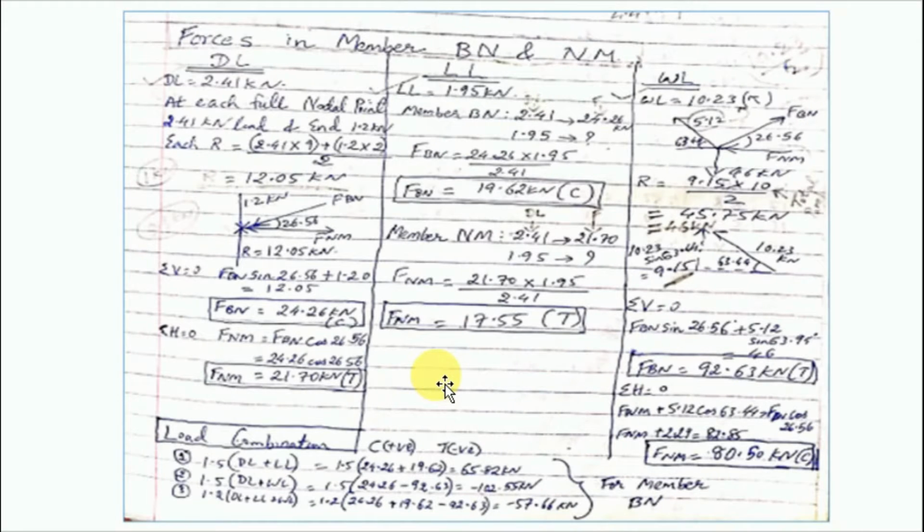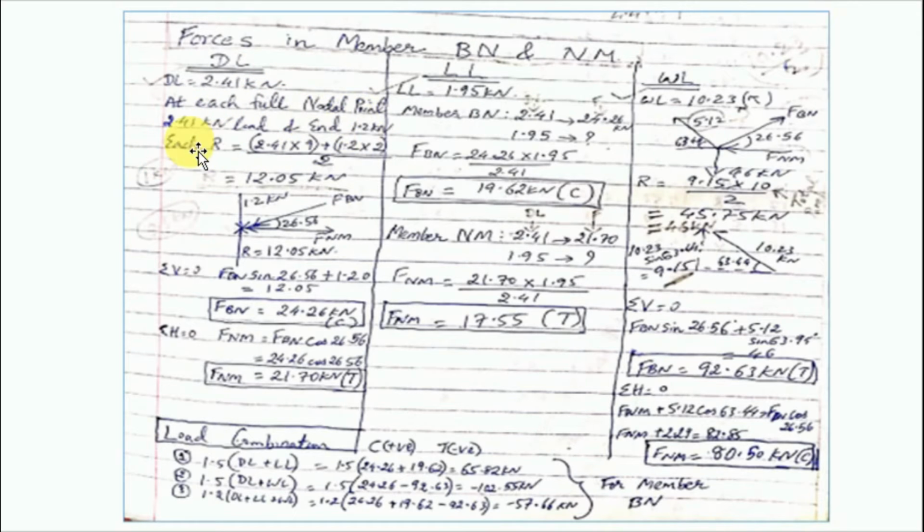We'll be taking BN and NM members for calculating the forces in detail. The forces in members BN and NM are shown here. We have already dead load from the previous section.